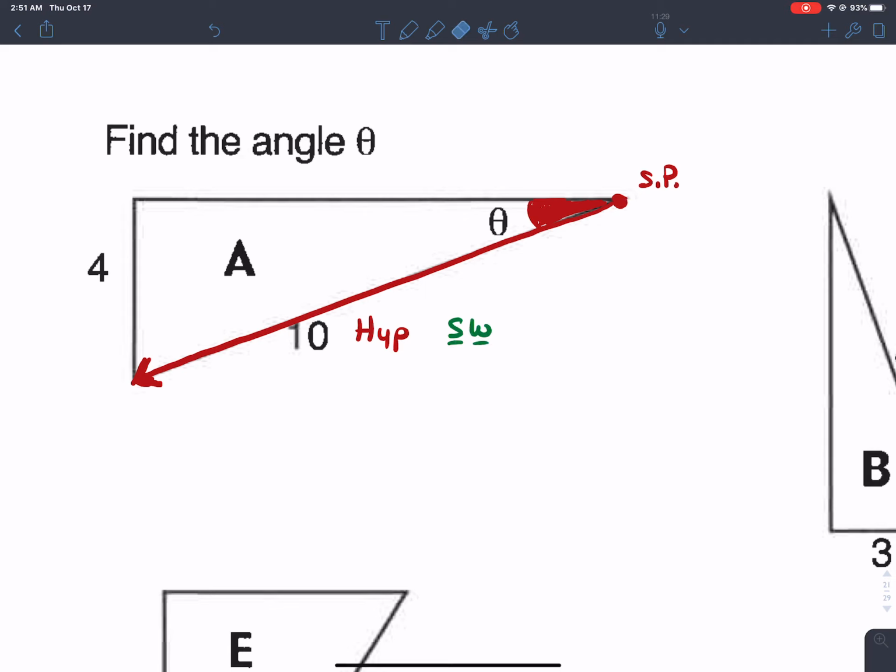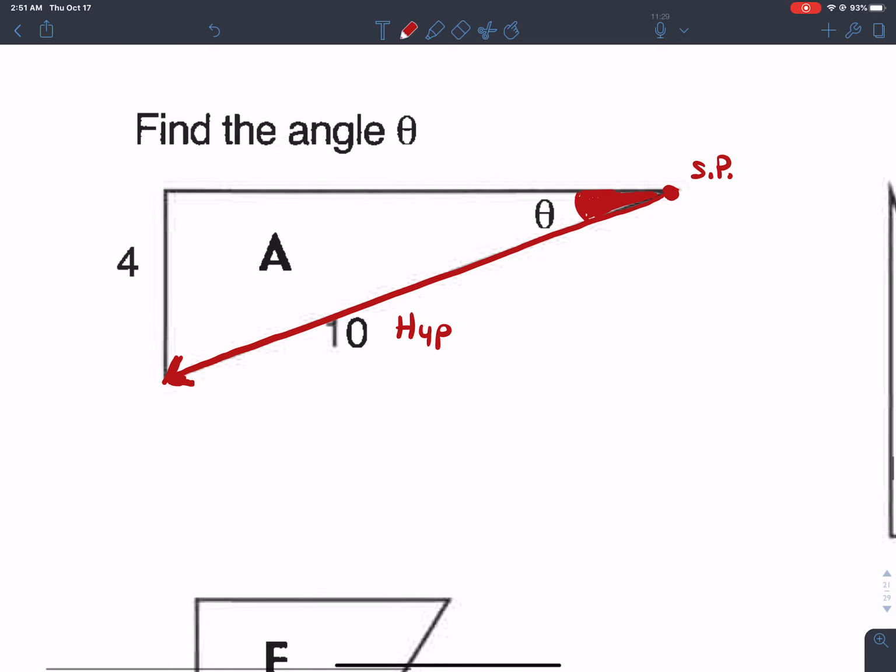All right. So again, we're operating under that assumption that you know how to label your diagram. We have the first side already labeled up. That's the hypotenuse. The next side that we have labeled from the starting point, that angle theta, the opposite side to it is the 4. Okay. Now this is going to be a little different than yesterday's because yesterday you had been given the angle and you had to find one of the components that make up your resultant.